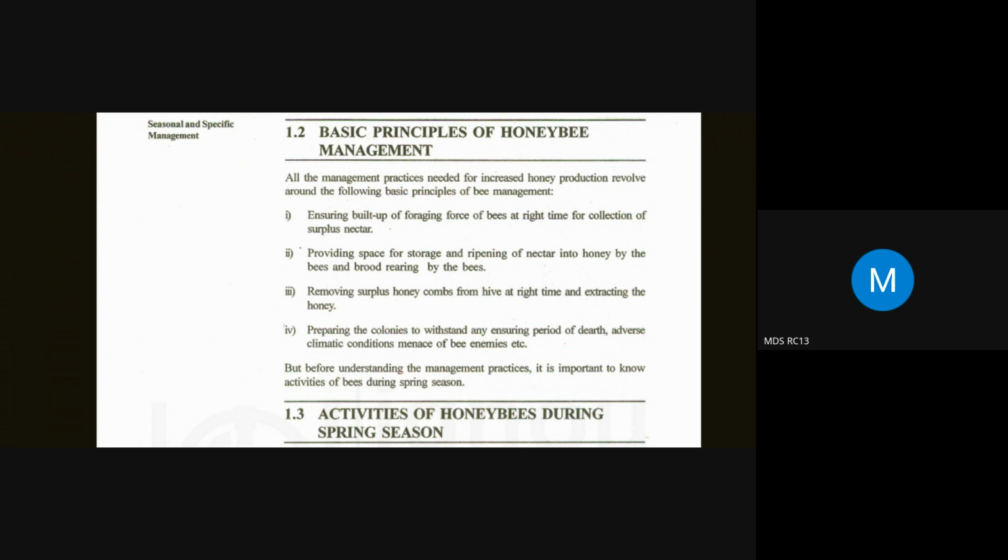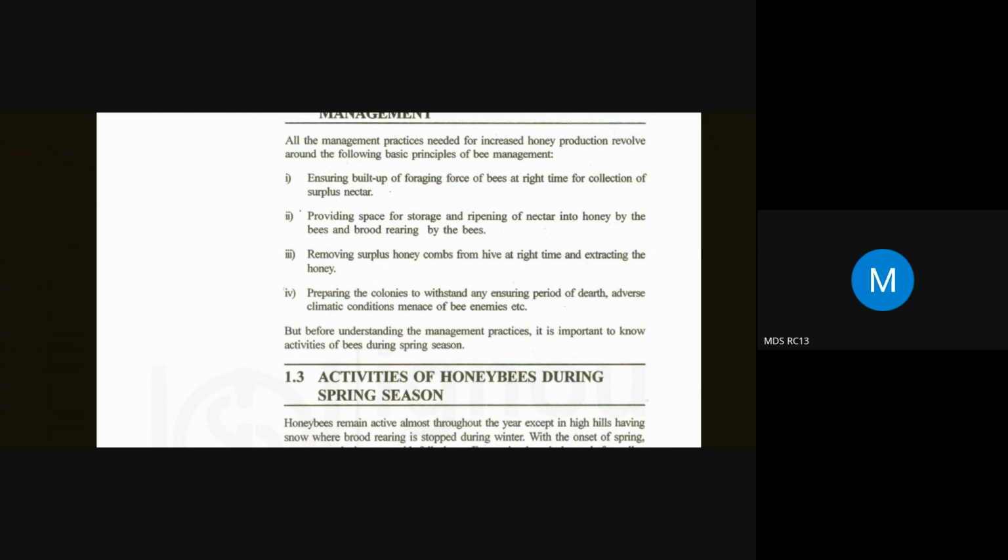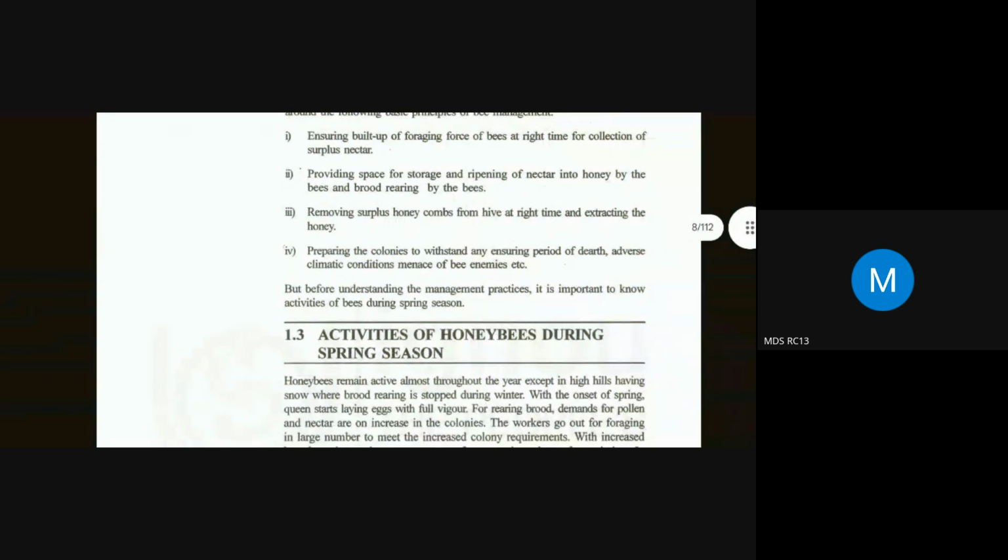By that time, we have to ensure that the number of workers in the colony will be high, so we have to take care of proper feeding and building up of the colony. Providing space for storage and ripening of nectar into honey by the bees, and brood rearing by the bees.